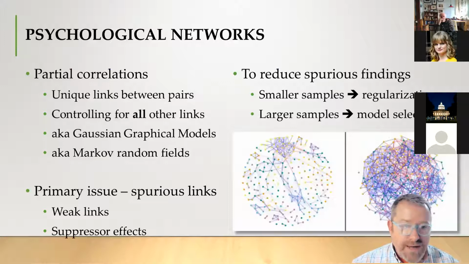So when we're talking about psychological networks, usually we are talking about partial correlations. Specifically, we're looking at how each node in a set of nodes is linked to each other node, controlling for all of the other associations in there.